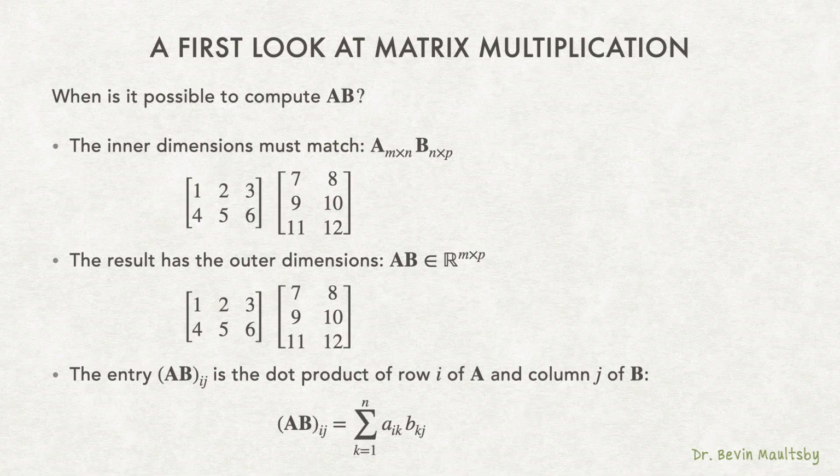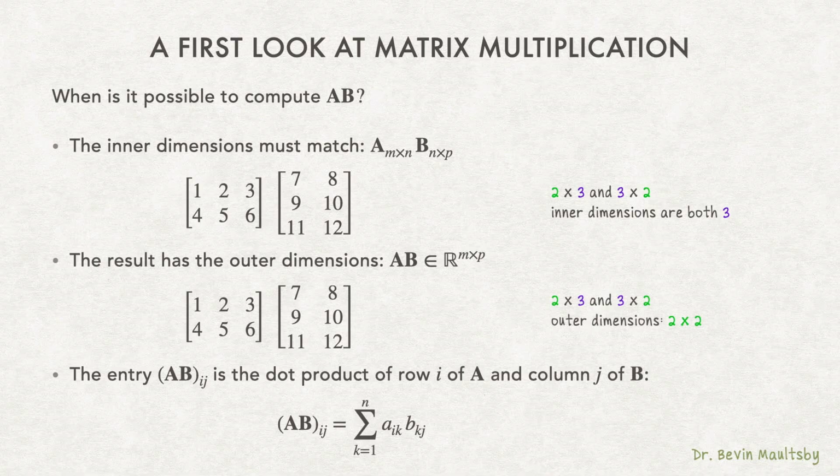In other words, the number of columns for A must be the same as the number of rows for B. In this particular example, A is a 2 by 3 matrix and B is a 3 by 2 matrix. Since the inner dimensions are both 3, we could multiply these two matrices together, and we will do so in a few minutes.